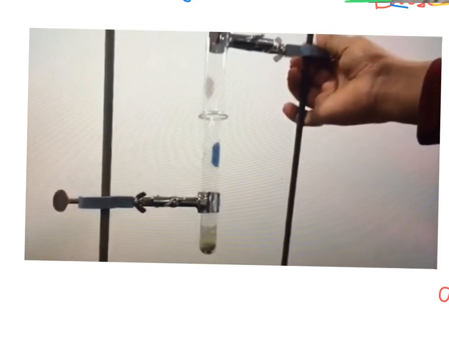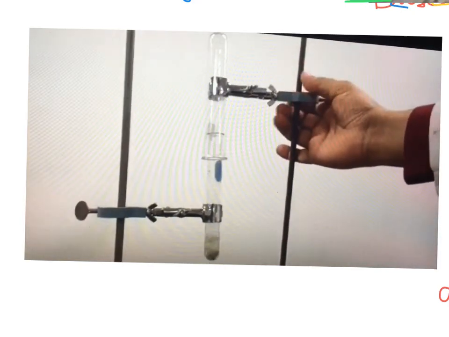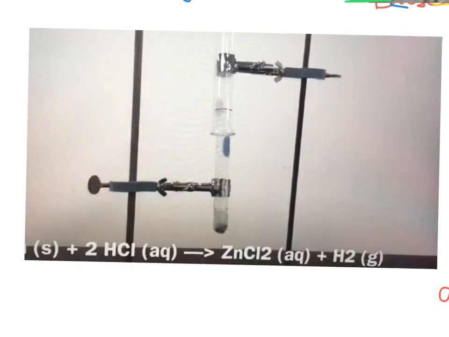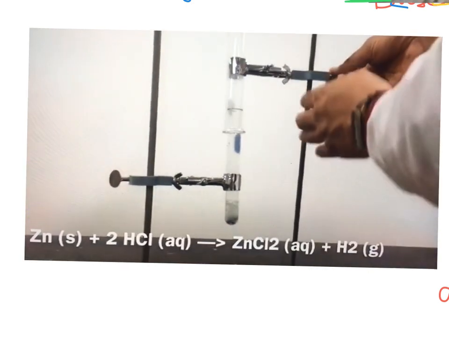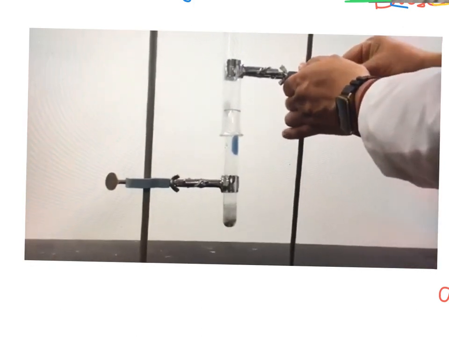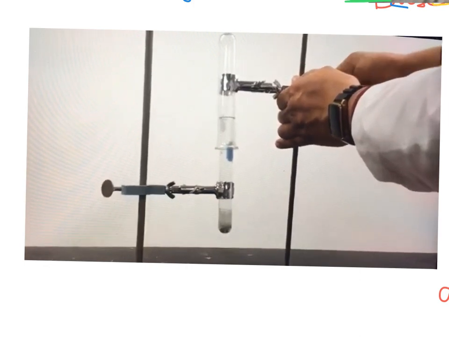Can you see the release of bubbles? Now we'll put an inverted test tube above it to collect the gas released in this reaction. The reaction taking place here is zinc when it reacts with hydrochloric acid, it produces zinc chloride and hydrogen gas.